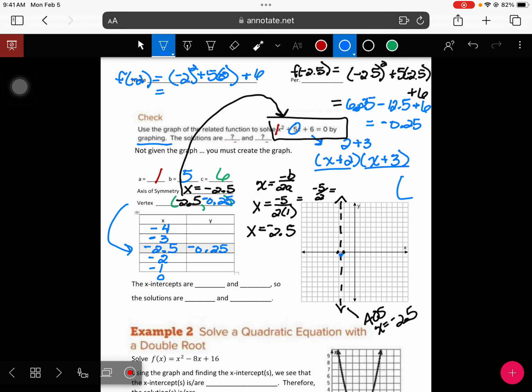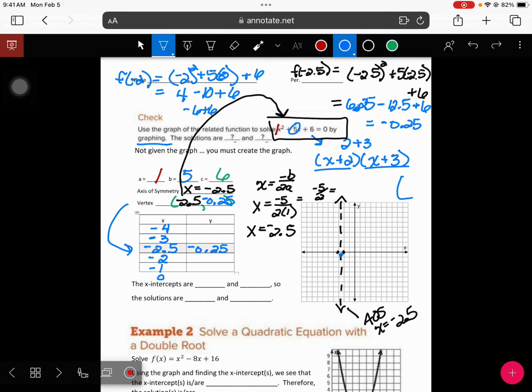Gentlemen? Negative 2 squared. Come on, guys. 4? Just say yes, it's quicker. And 5 times negative 2 is negative 10 plus 6. 4 minus 10 is negative 6. Negative 6 plus 6 is 0.